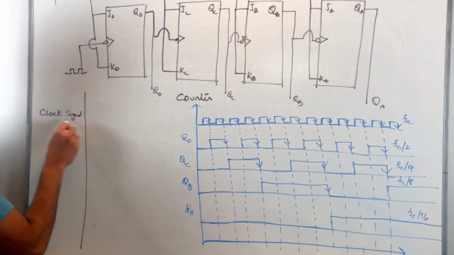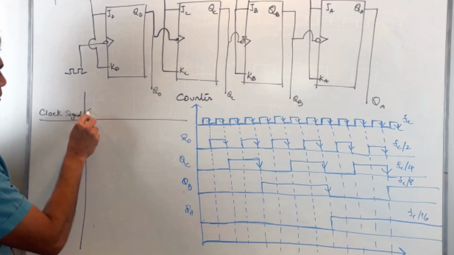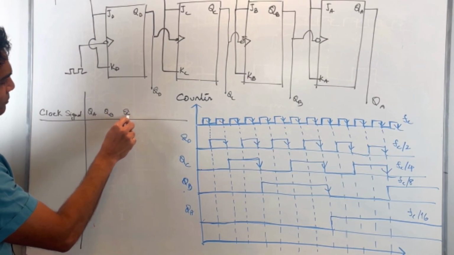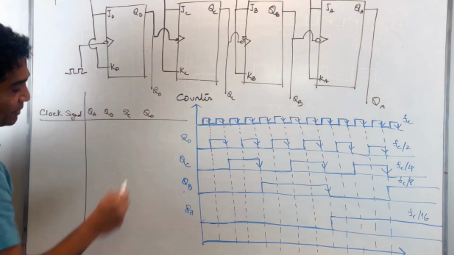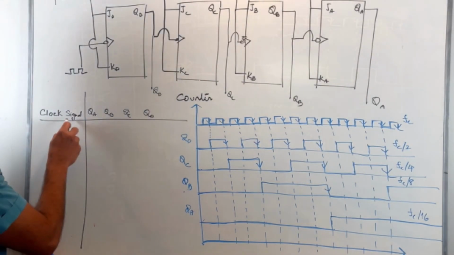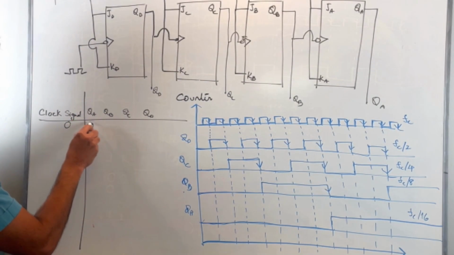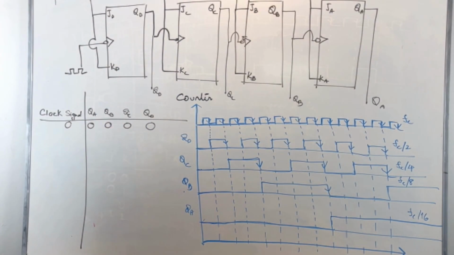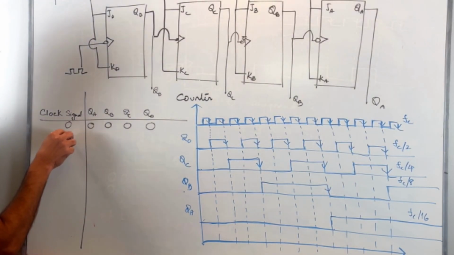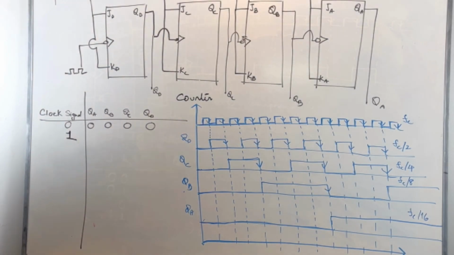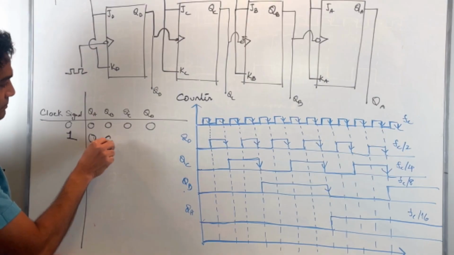Okay. And if I monitor QA, QB, QC, and QD values as a function of time. So on the 0th clock pulse, everything was 0. The initial values were all zeros, right? On the first active edge of the clock, everything is still 0 except QD, right?